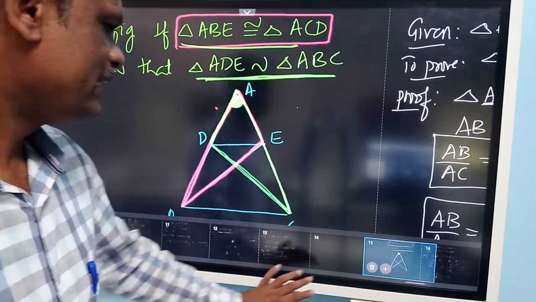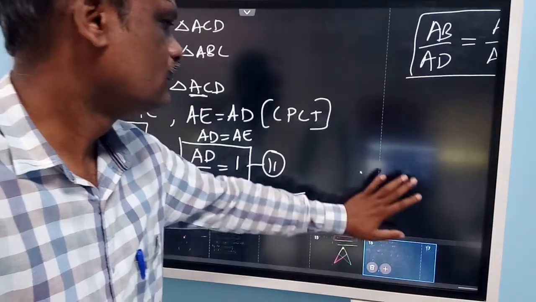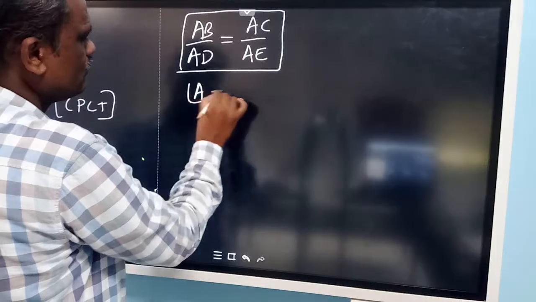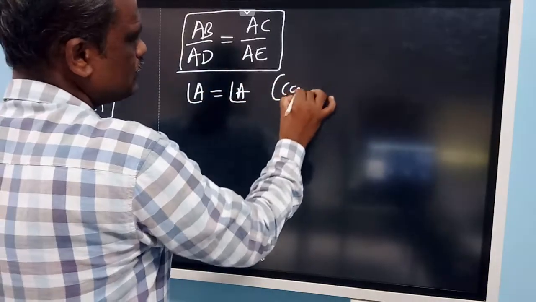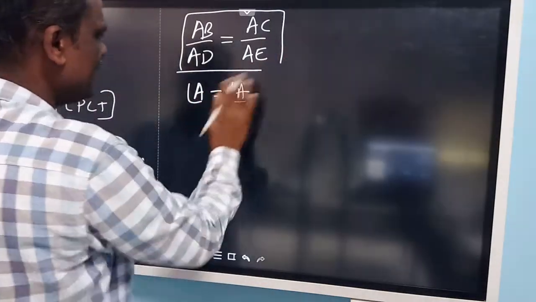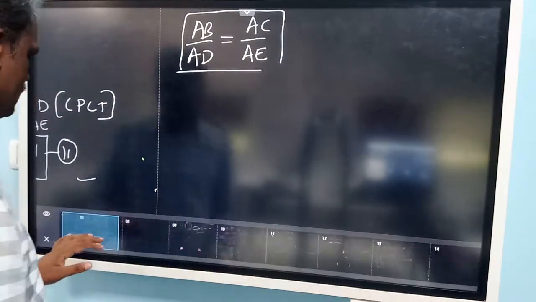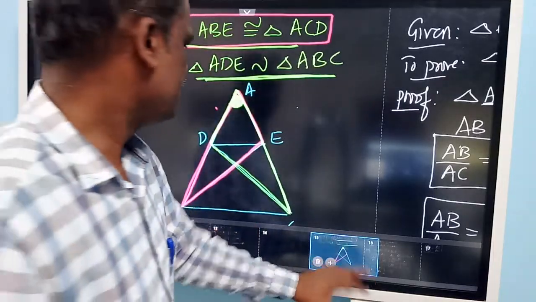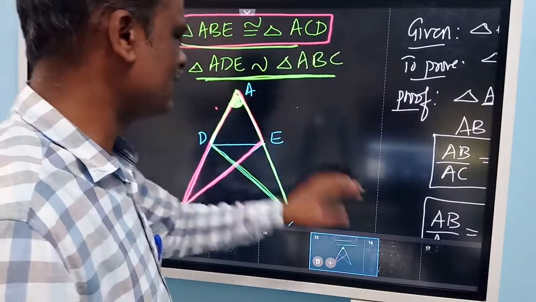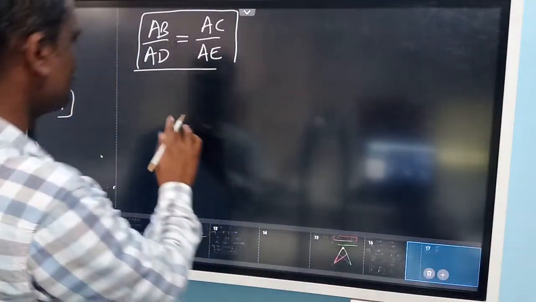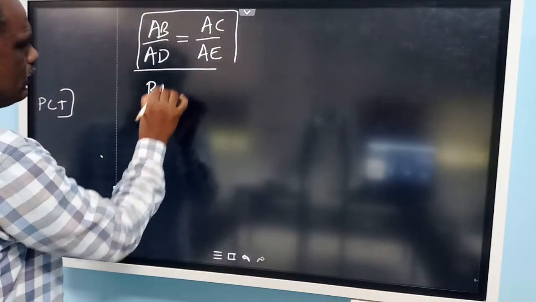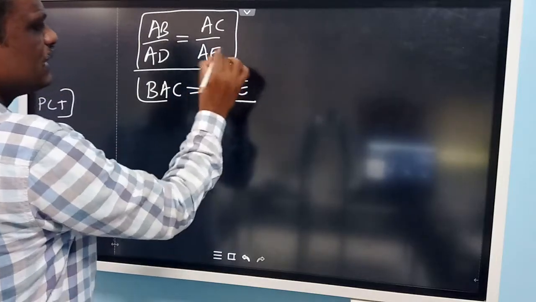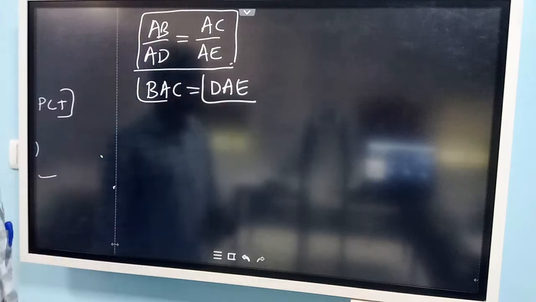So I can write angle A is equal to A, which is common. Instead of writing angle A is equal to A, you can write correctly angle BAC is equal to angle DAE. Two sides are proportional, one included angle equal.